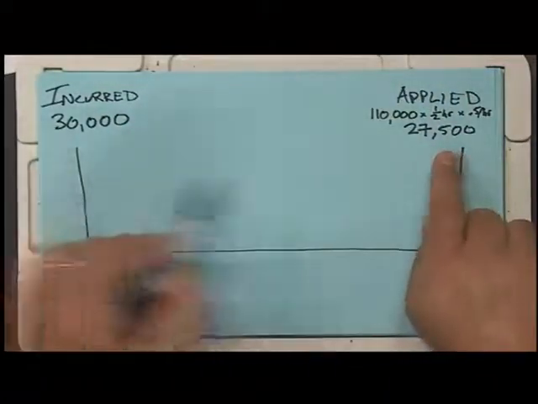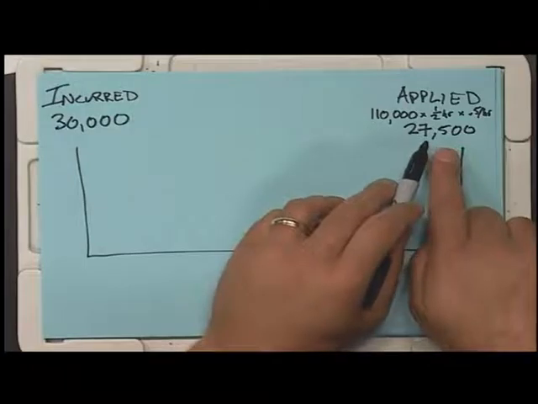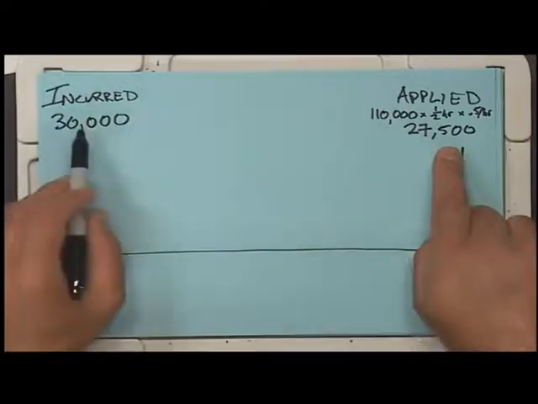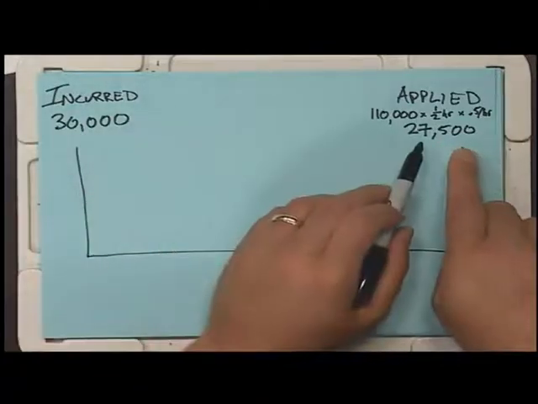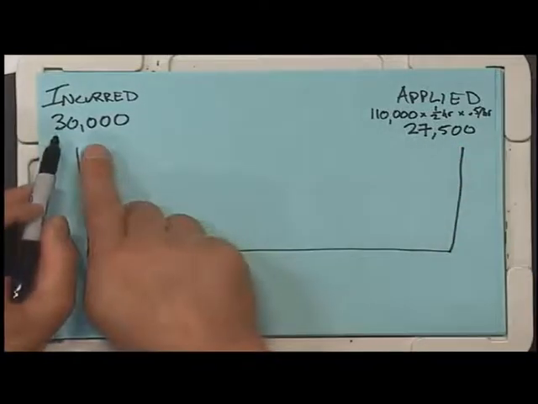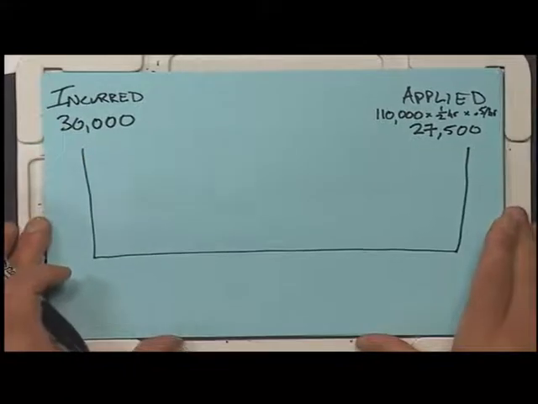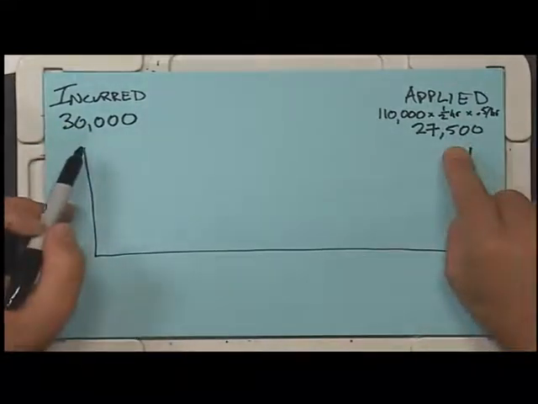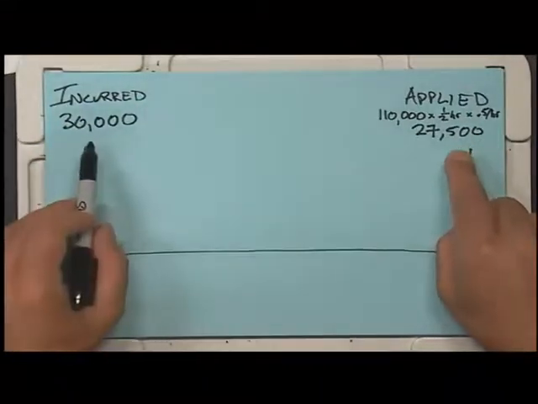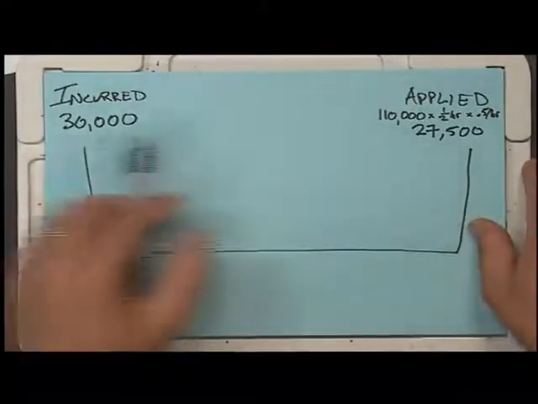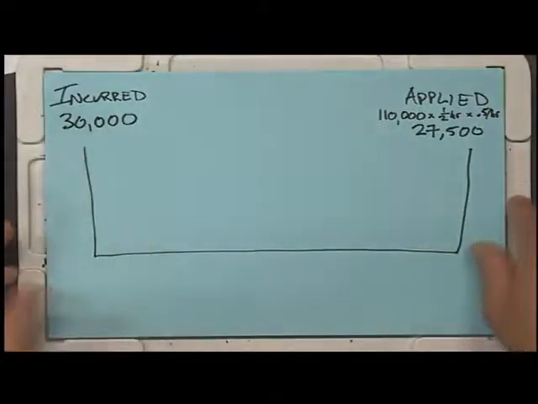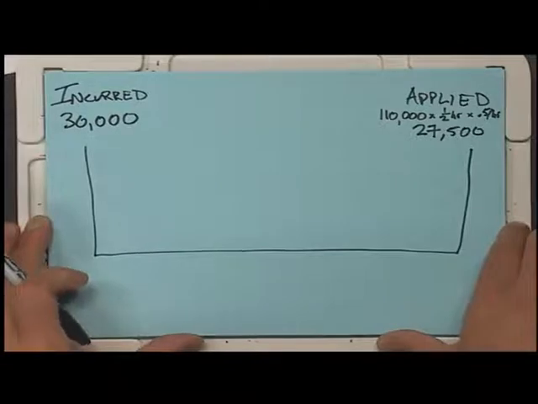So you can see right off the bat that we have $2,500 of underapplied overhead. We applied only $27,500. We incurred $30,000. In the old days, under normal costing, we would have just taken that and made a single adjustment to cost of goods sold to reflect that.